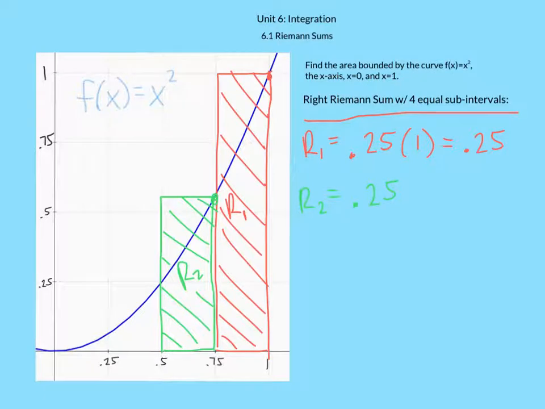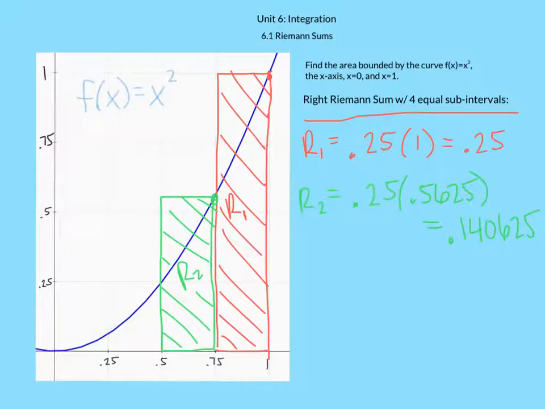If you just want to use your calculating screen to do 0.75 squared, that's fine too, 0.5625. Then we'll multiply those together and get 0.140625.